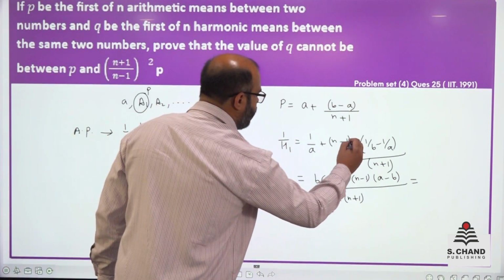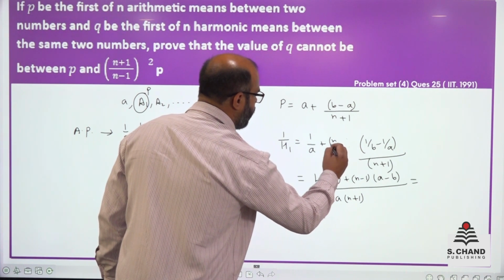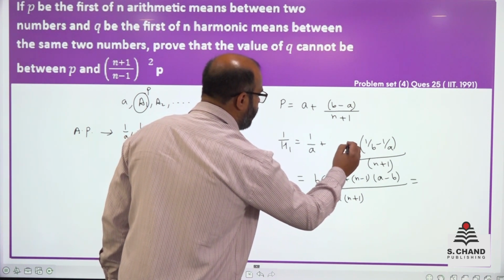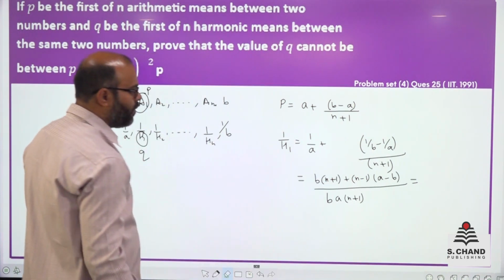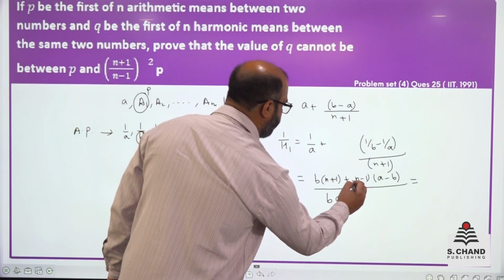This is not n minus 1, this is 1, because you are taking the first harmonic mean, not the last harmonic mean, right? So this is 1.